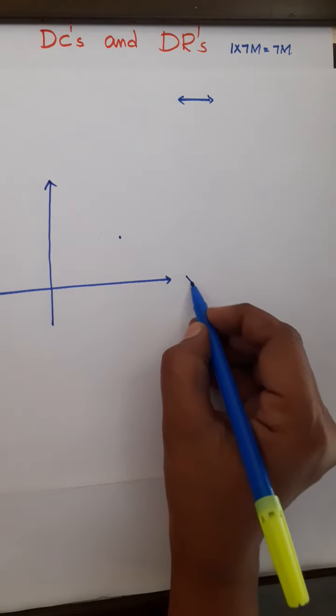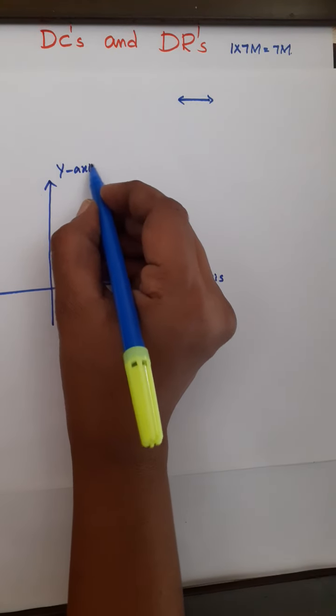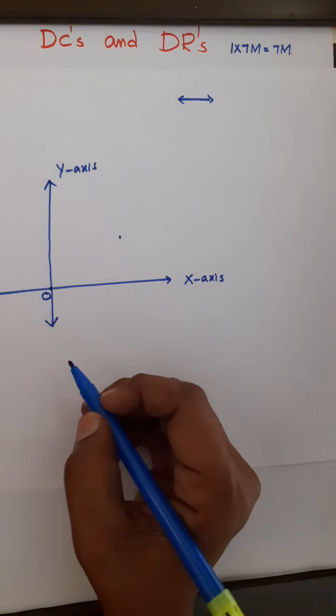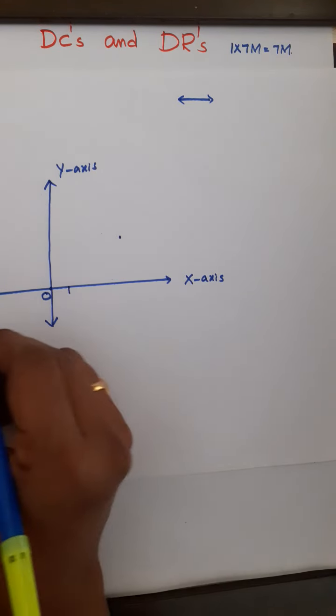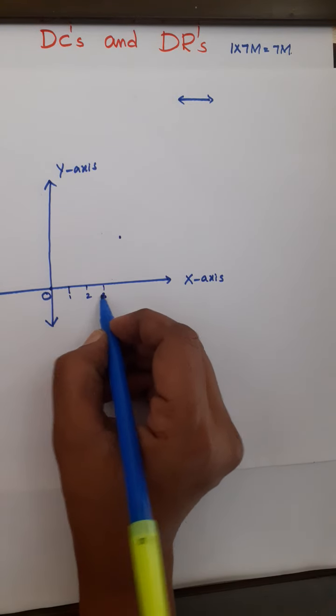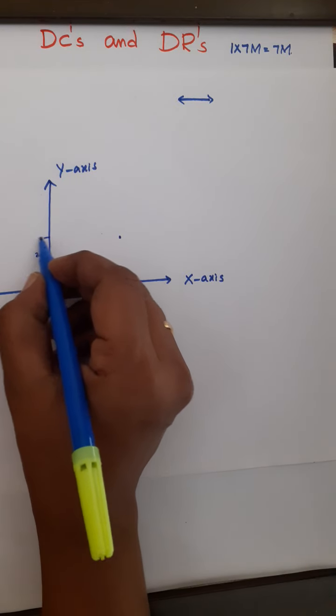X-axis and y-axis. This is my x-axis and y-axis. And the intersection of these axes we consider as the origin. Suppose these two are number lines. Suppose I give the names 1, 2, 3, 4, 5 and so on, and here 1, 2, 3.